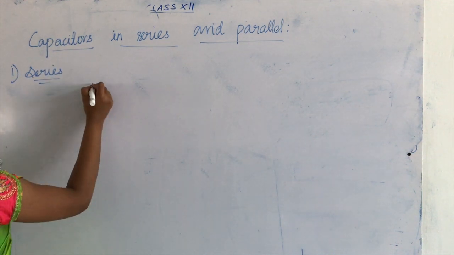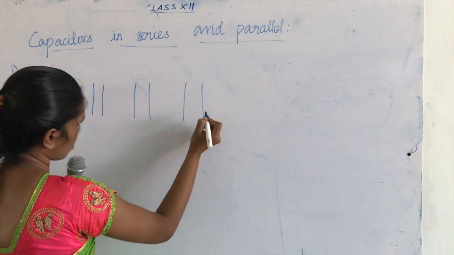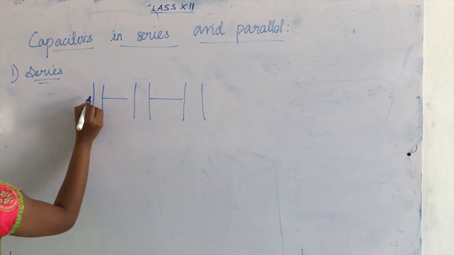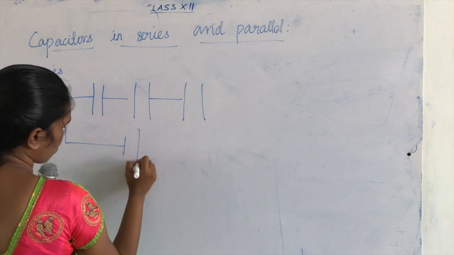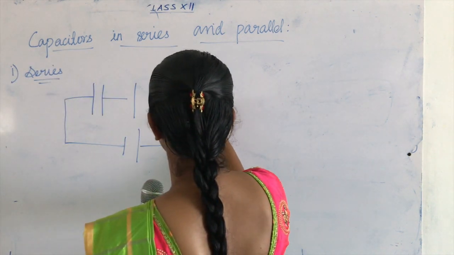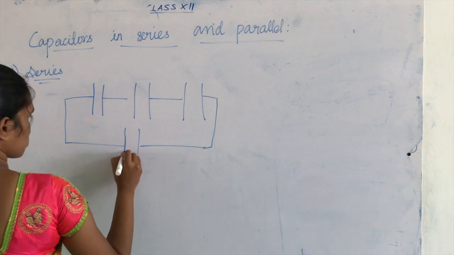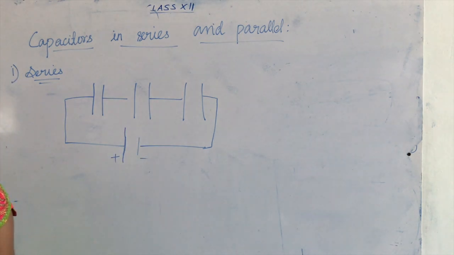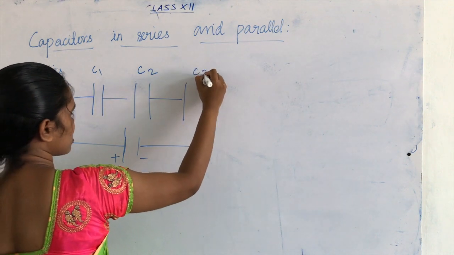Okay? Now, we are making 3 capacitors in series connection. Okay, 3 capacitors, C1, C2, C3.